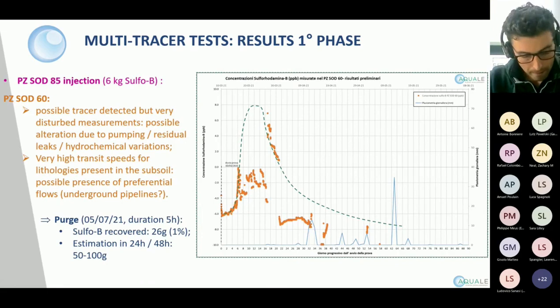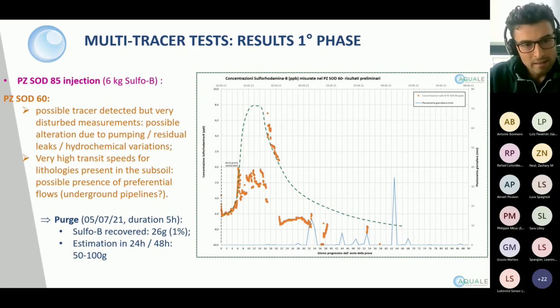About the second injection in SOD 85, the monitoring in SOD 60 showed a possible tracer detection, but a very disturbed measurement, due to possible alteration from pumping, residual leaks or hydrochemical variation; we don't know exactly.